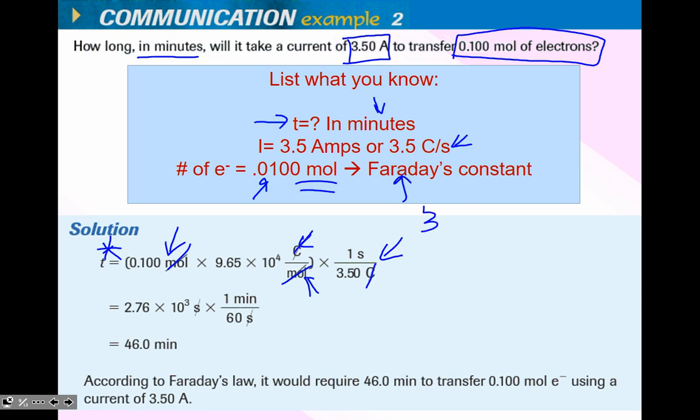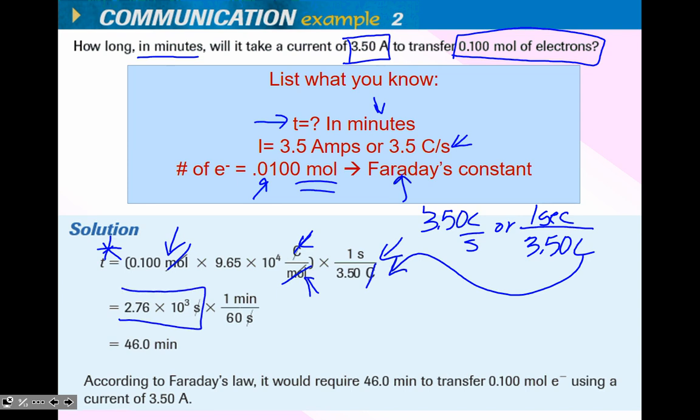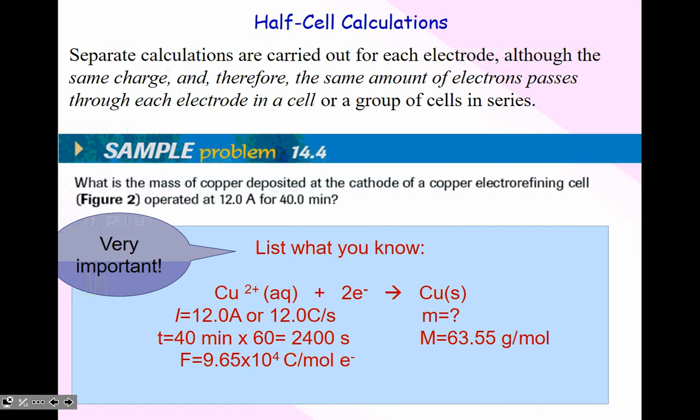So instead of saying 3.50 coulombs per second, we can say 1 second has 3.50 coulombs in this particular case. I'm using that so that my coulombs cancel out and I get my answer in seconds. This time, instead of multiplying by 60, I'm going to divide by 60 to get my answer in minutes. 46.0 minutes.